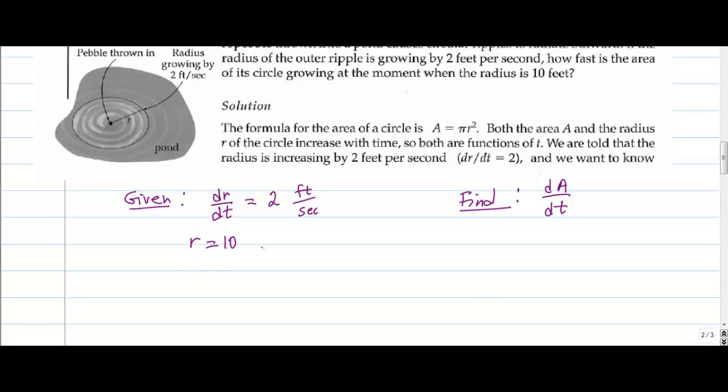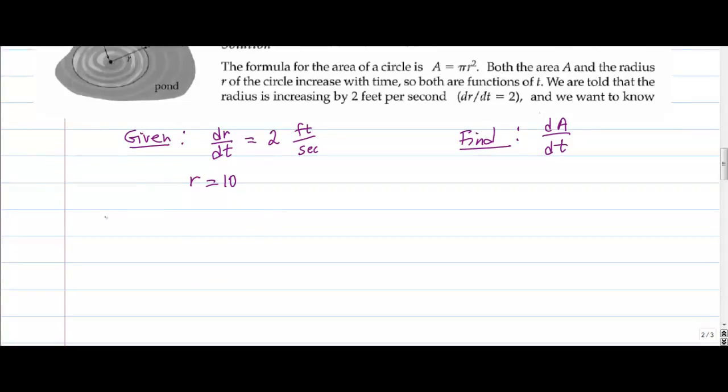Okay. Now for these kind of problems, you're always going to have an equation or some formula you're going to use. Here we're looking at the radius of a circle and we're finding the area. So the equation we're going to use is the area of a circle, which is pi r squared. Okay. This we need to take the derivative of with respect to time, d over dt.